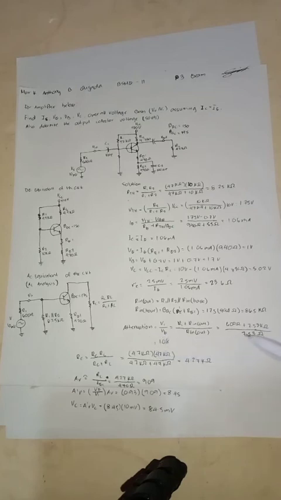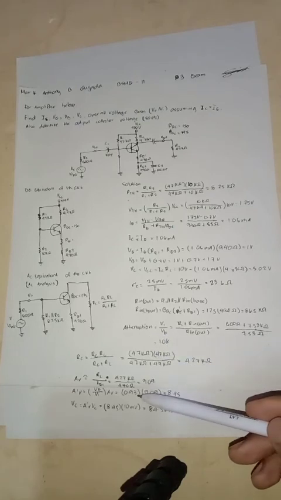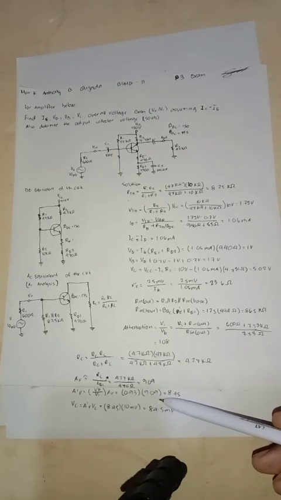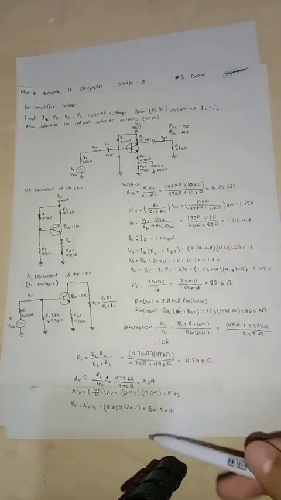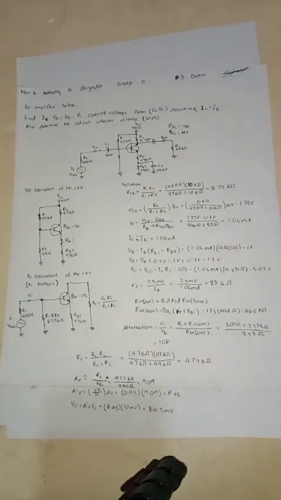So our attenuation is 0.93 times 9.09, equal to 8.45. And our VC is equal to AV times the input, 8.45 times 10 millivolts, and our final answer is 84.5 millivolts.